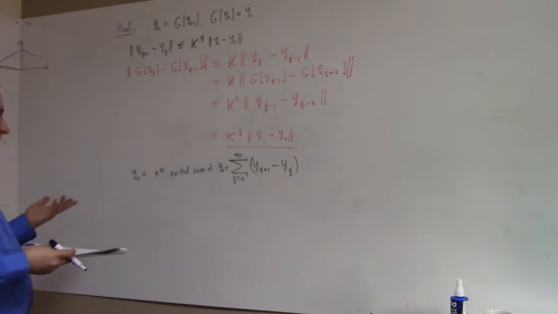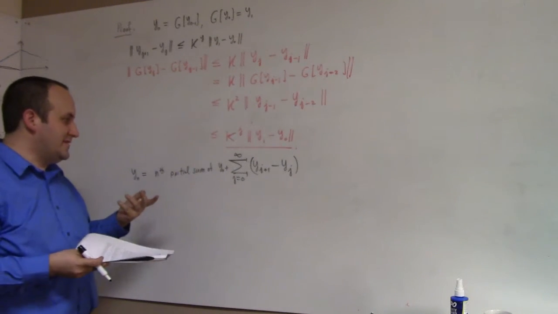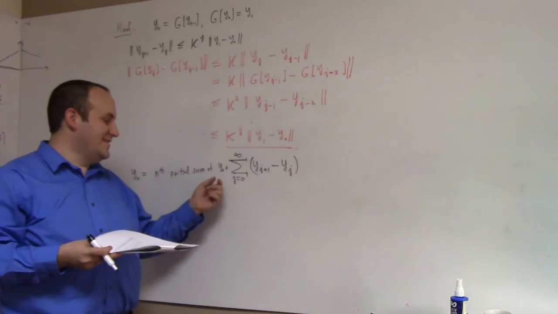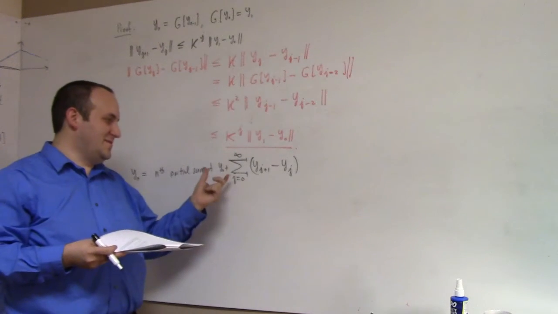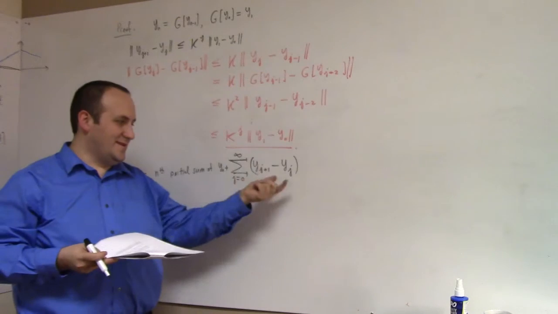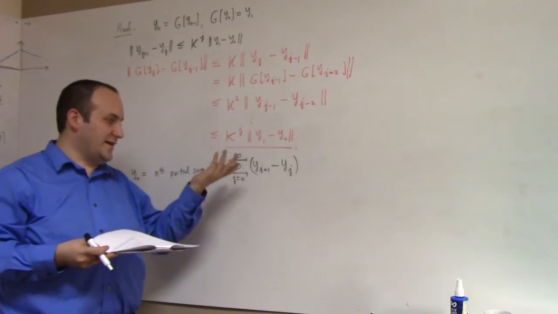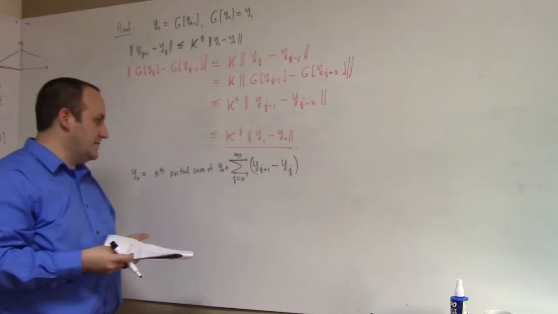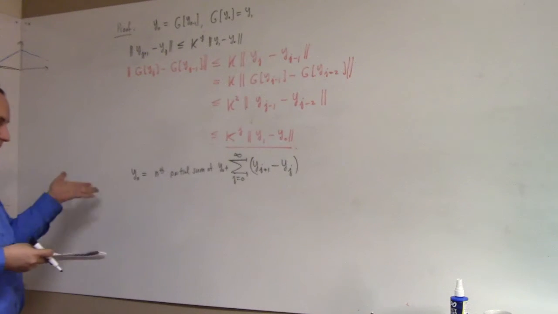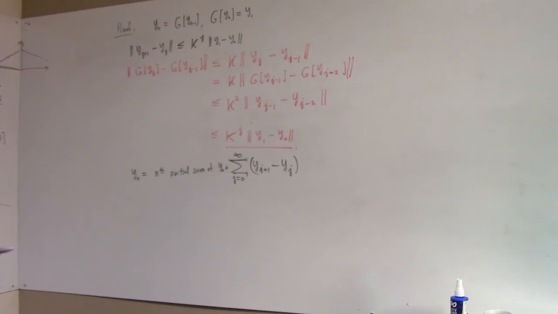I mean that's almost a tautology. You have y0 plus y1 minus y0 plus y2 minus y1, and the only thing that remains is yn, if you stop at n, the nth partial sum.